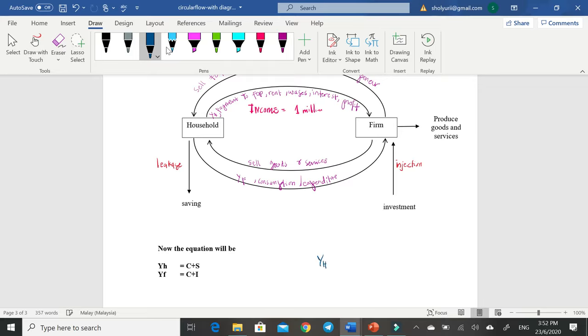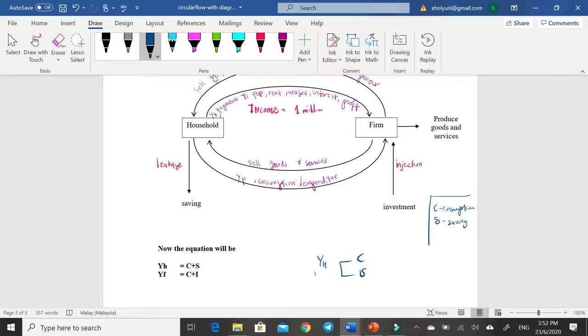H household income now, kita tak akan guna semua sekali untuk consumption dah. Akan guna satu lagi untuk saving. Okay, so afterwards, you tahu C stand for consumption, S stand for saving.